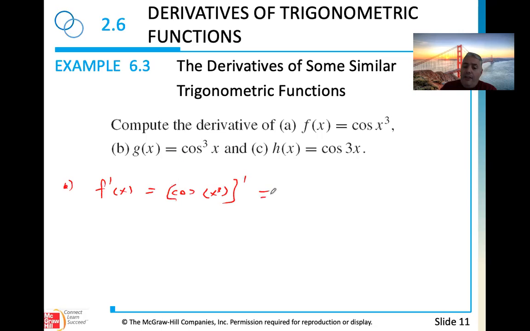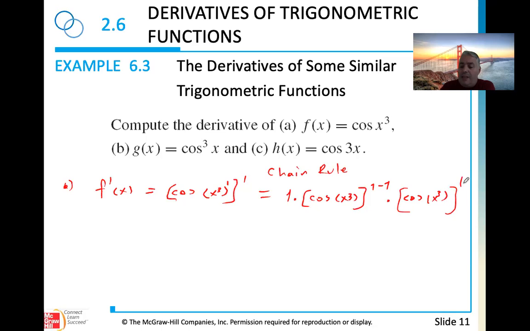Now, if we use the chain rule, what was the chain rule? If there is a power, take the power in front, but for what? For the parentheses. So we don't have a power here, or the power is just 1. So I would say 1 times cosine of x cubed to the power of 1 minus 1 times the derivative of the inside, something like that.